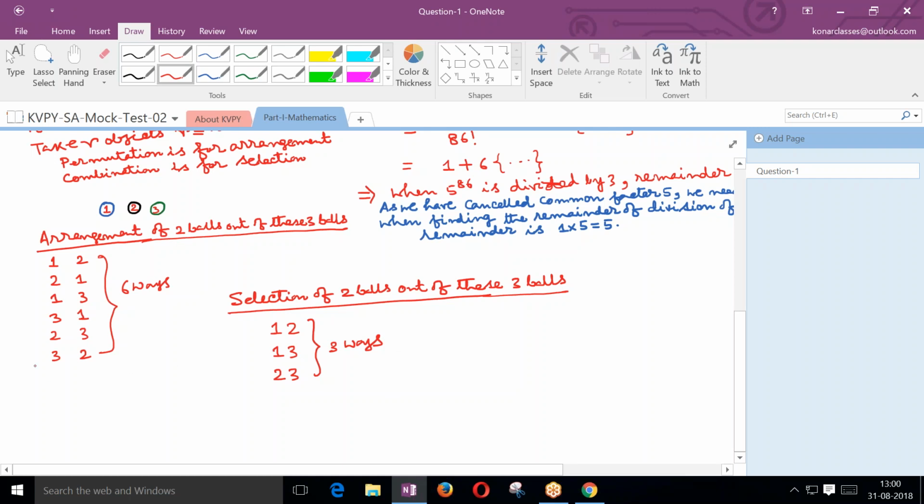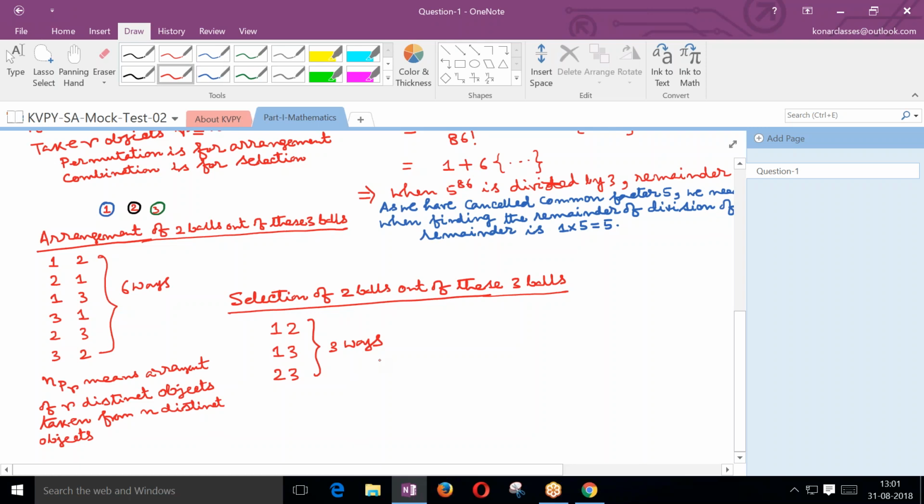For arrangement, the formula is nPr, where P stands for permutation. nPr means the arrangement of r distinct objects taken from n distinct objects.